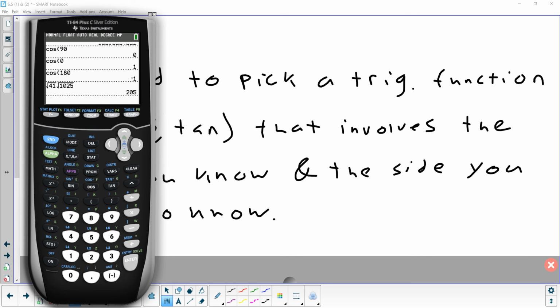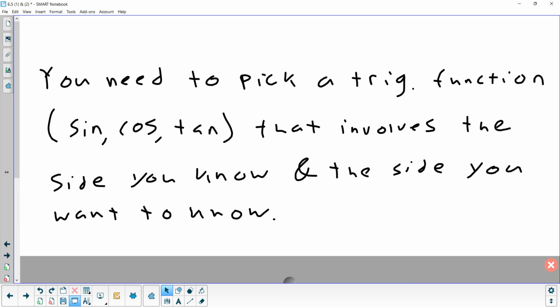Yep? Because we don't have it on the calculator. We don't have those ones on the calculator. Okay, to do them on the calculator, that's where we have to take one of the ones we do have and then flip it, and that gets annoying. So we're going to just stick with sine, cosine, and tangent, because that will do everything that we need.